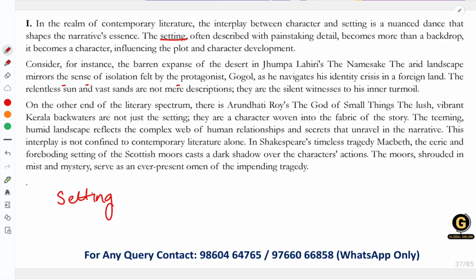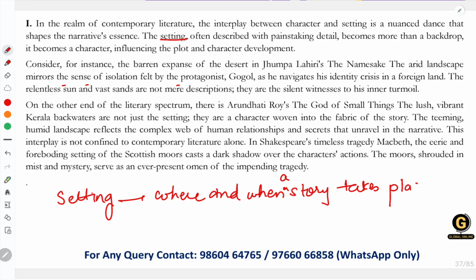Setting is where and when a story takes place. This particular thing is going to influence the characters, the behavior and the entire story.